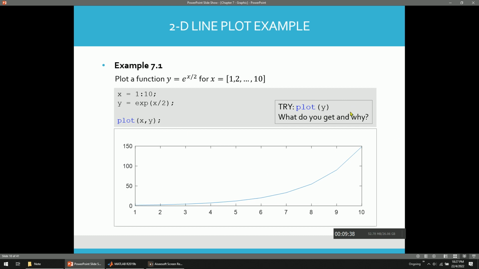Because if you just plot Y, automatically X will start from 1, 2, 3, 4, 5, 6, 7. This is the default if you only include Y. So if you have a different type of X, different meaning it does not start with 1 and the step is not 1, you cannot just put plot Y.